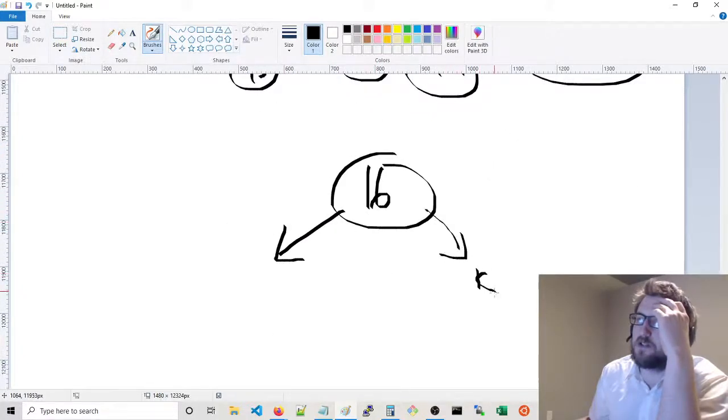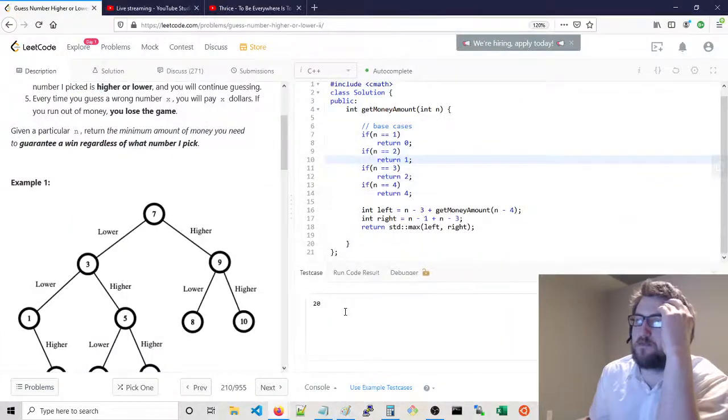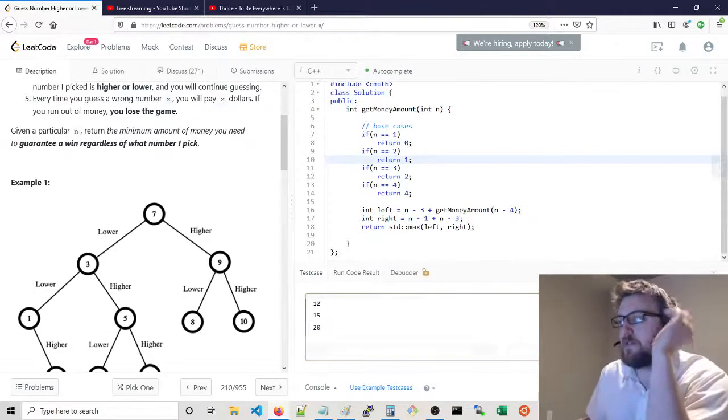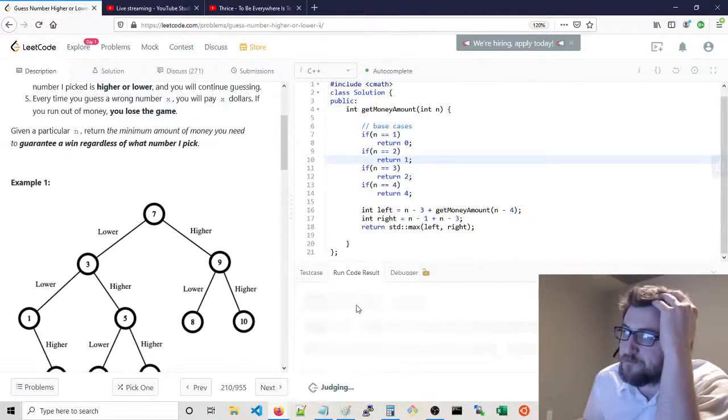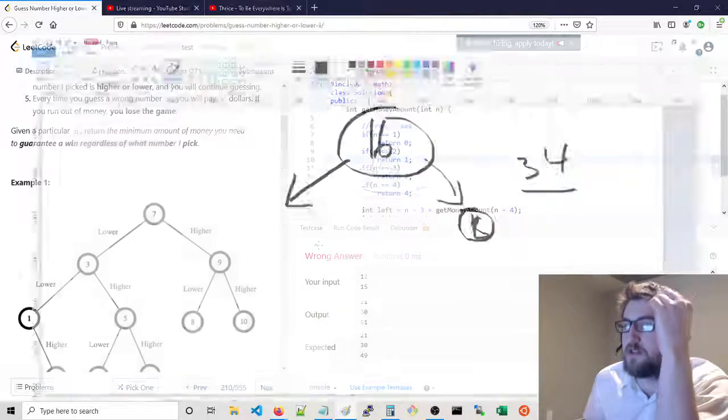Because then you do 16, 18, it gives you 34, and the recursion on 15 is right. There's a recursion on 12 and 15, which is 21 and 30.